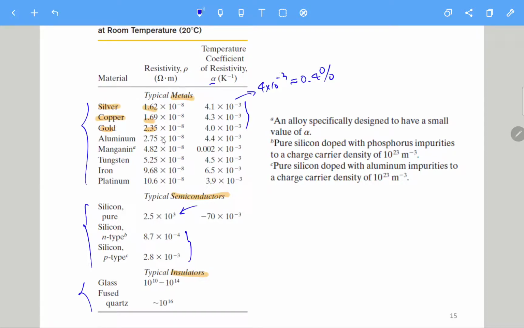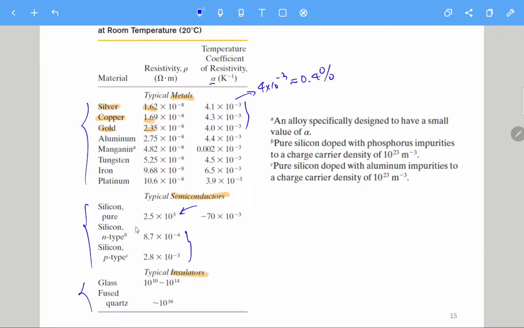You know that for the conductor itself, the resistor only depends on the geometric shape, which means that if we need a larger resistor, then we need to make it longer or make the cross-section area narrower.